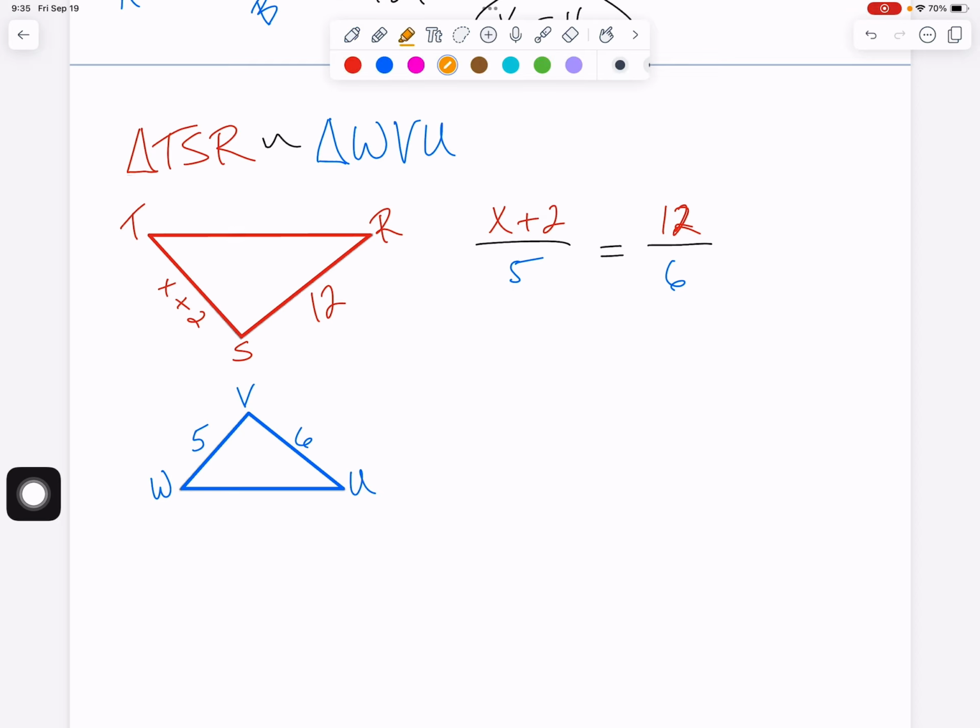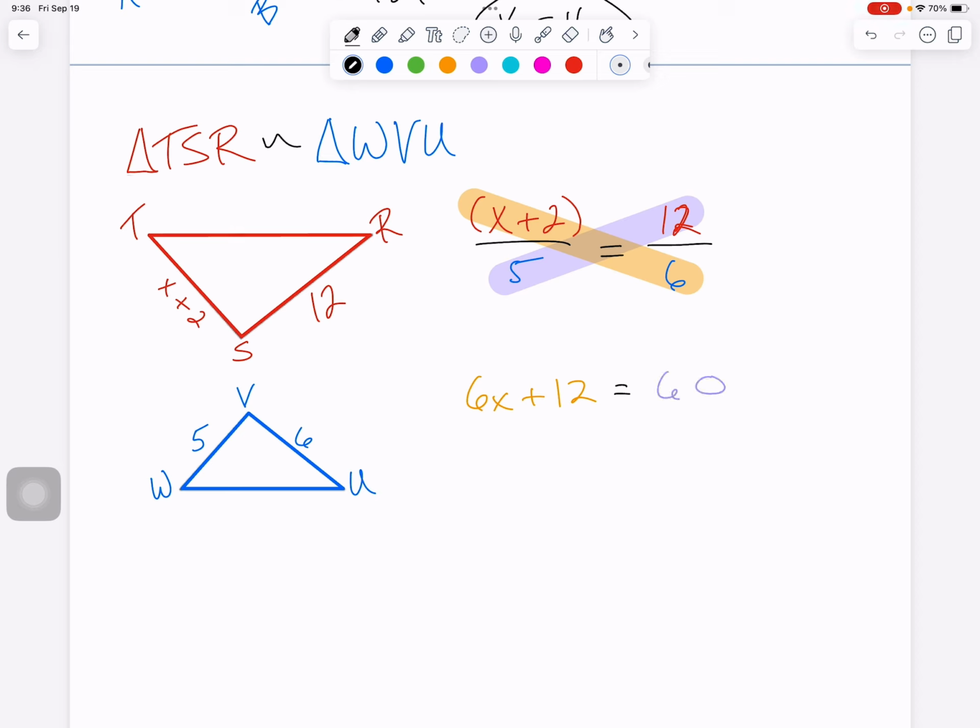And from here, we will cross multiply. And again, I will put our two terms in parentheses so we know exactly what we're doing. All right, 6 times x gives us 6x. 6 times 2 gives us 12. Set that equal to 5 times 12, which is 60.